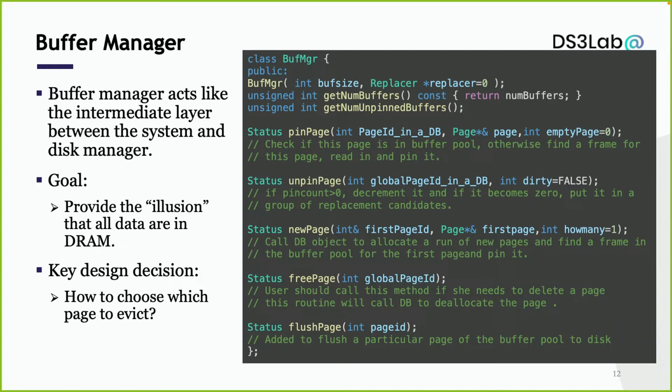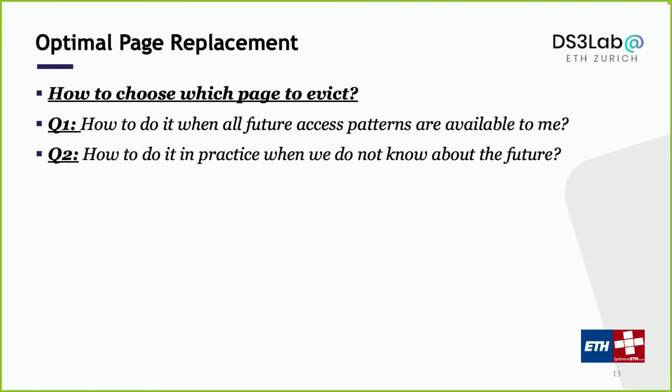So the key design decision in building a buffer manager is how I can pick the page to evict when my buffer is full. And that is actually what people have spent the last 50 years on. You really try to understand how to do that efficiently. What is the trade-off between different strategies of doing that? So that's also what we are going to focus on today.